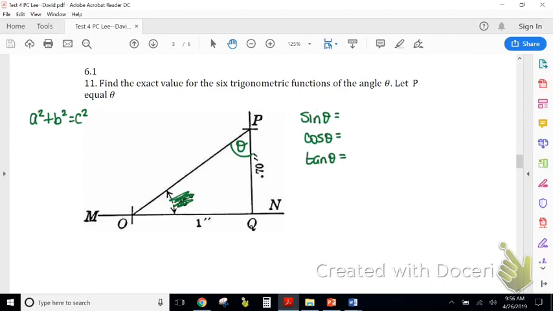And so when we do this, remember side C is across from the 90, which probably should be labeled side N, but so we got 1 squared plus 0.7 squared equals c squared.